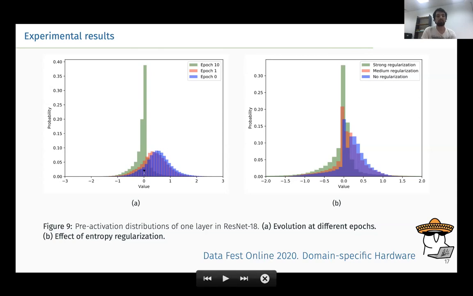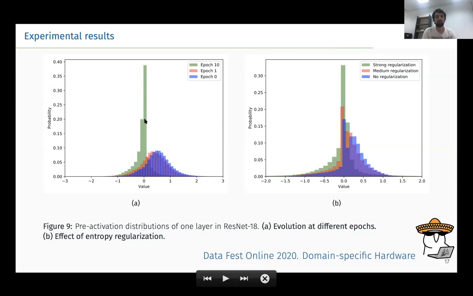As you can see, in the first epoch, we got some normal distribution with maybe standard deviation of 1.5 or maybe 1. And it becomes much denser, and you have many zero values, and bins near zero become much more populated.